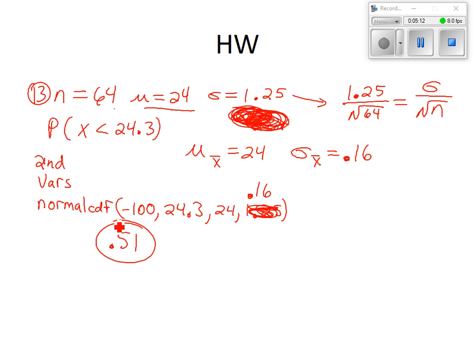You didn't get 0.51? Let me try normal CDF again. I don't have my calculator. I just hit second and enter and then put 0.60 in there. Yeah, that's not what I got either. Second, normal CDF, negative 100, comma, 24.3, comma, 24, comma, the standard error.